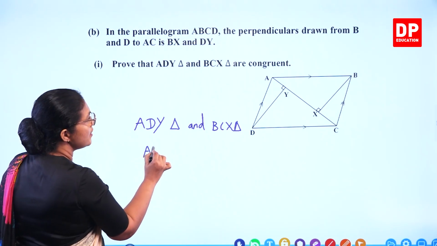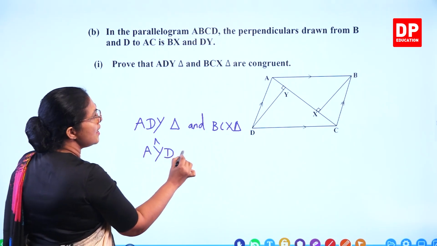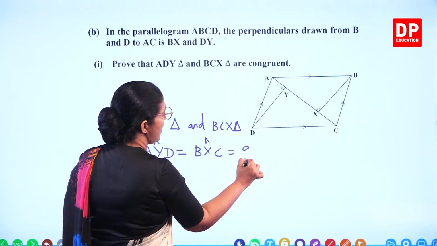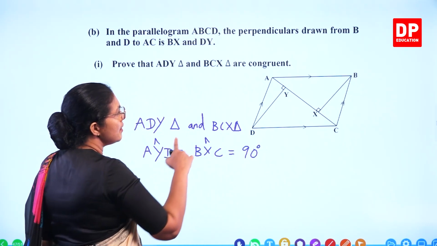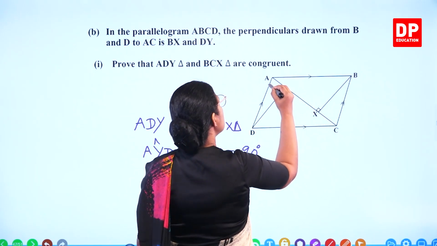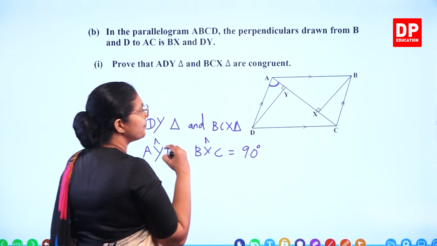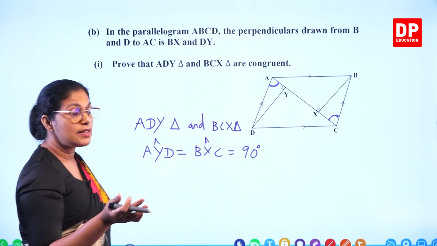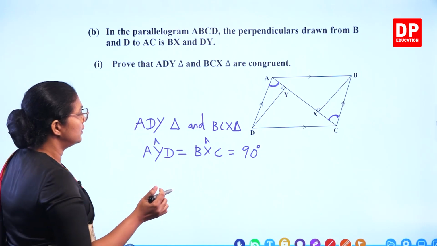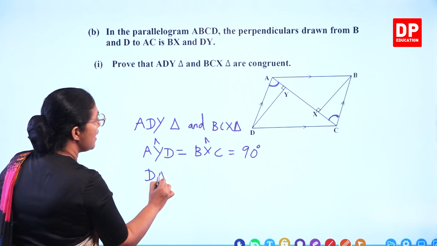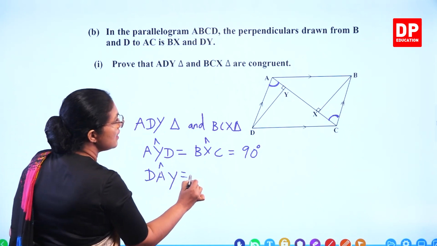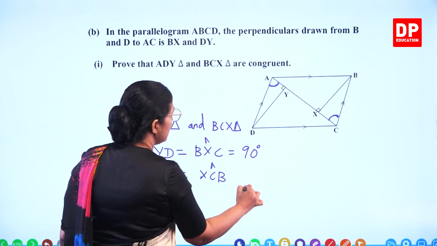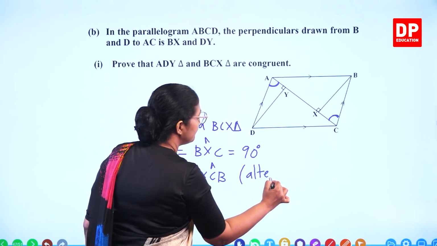So we can first write AYD angle is the same as BXC angle. It's 90 degrees. And what are these angles? This angle is equal to this angle because alternate angles are equal. DAY angle is the same as XCB angle, alternate angles.